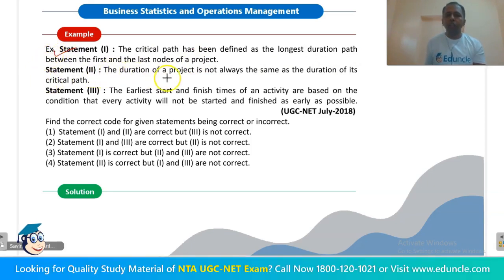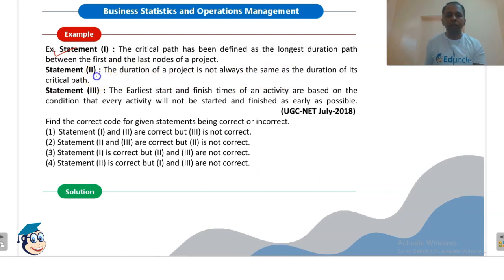The duration of a project is not always the same as the duration of its critical path. This statement is wrong. Duration must be the same as that of the critical path, because the critical path is the longest duration path, or the shortest time in which the project can be completed.